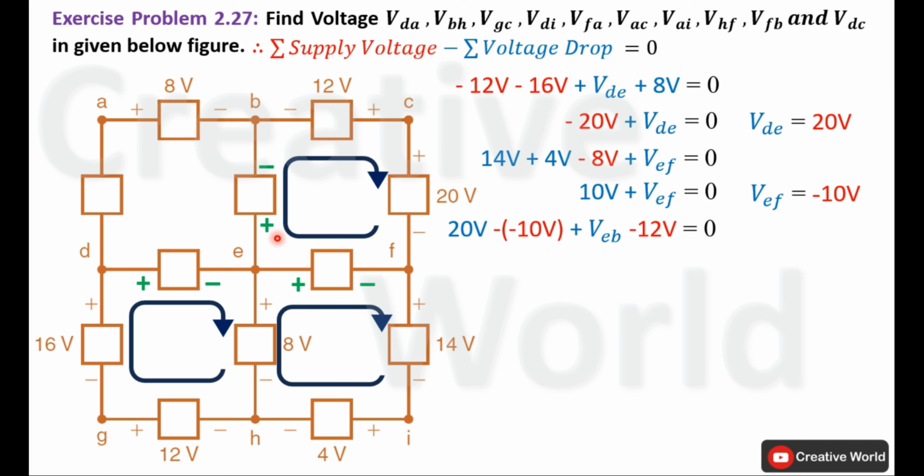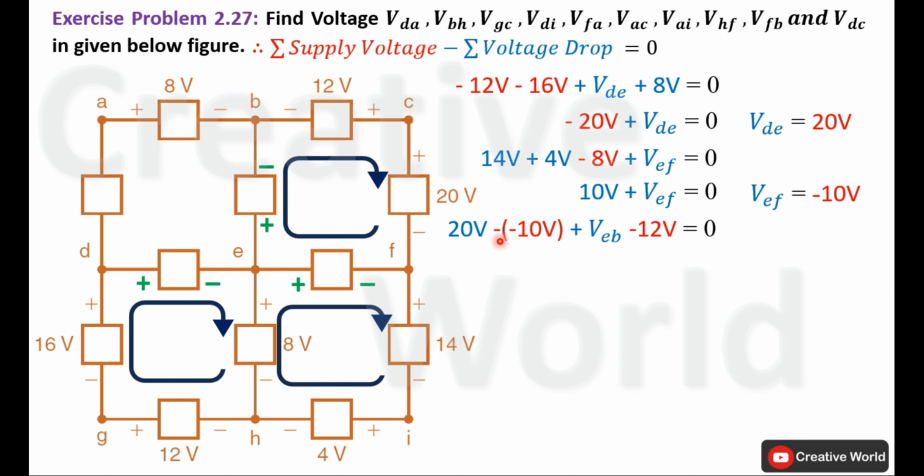Move to next element, current entering terminal is positive, so voltage across this element, which is unknown and will be labeled as VEB, will be taken with positive sign. Move to next element, current entering terminal is negative, so voltage across this element will be taken with minus sign, minus 12 volt.